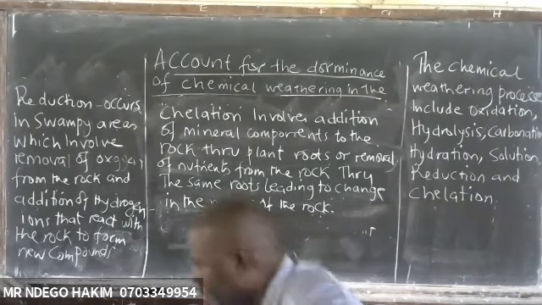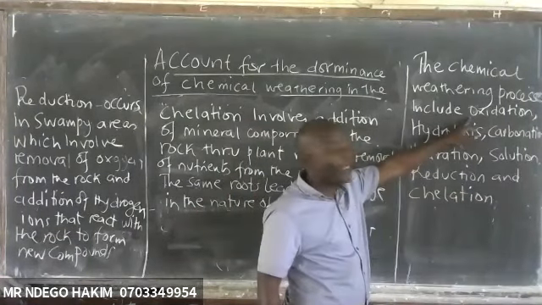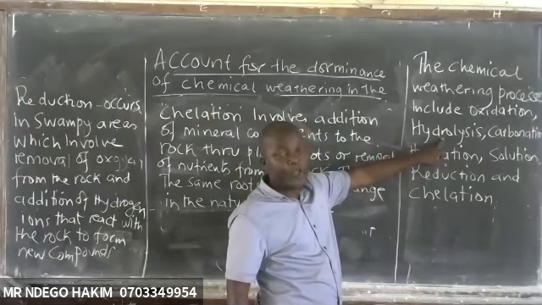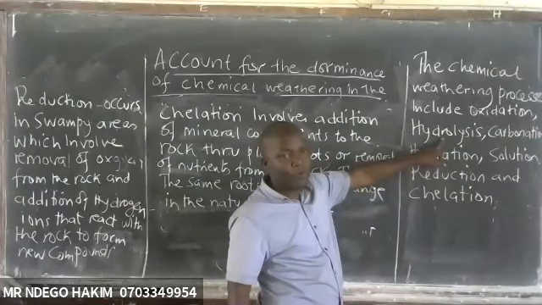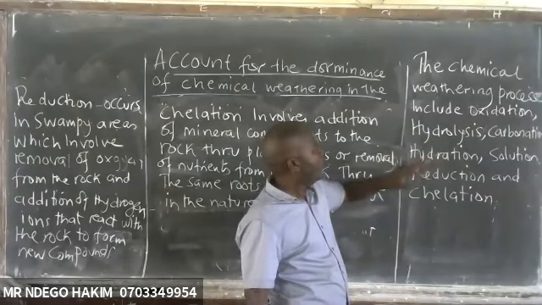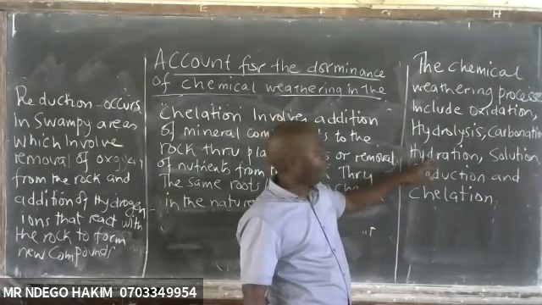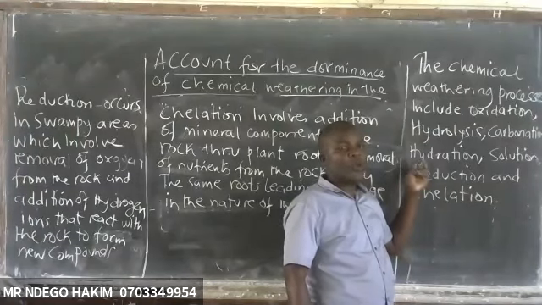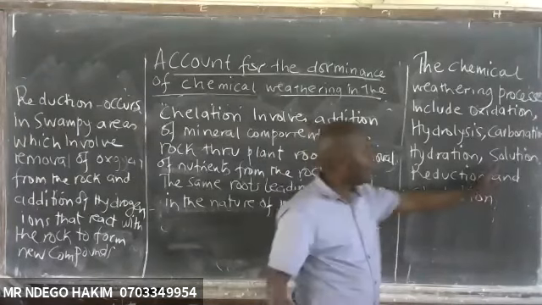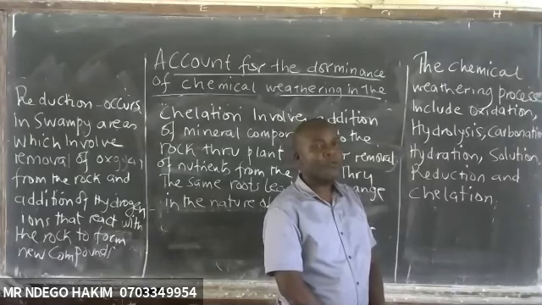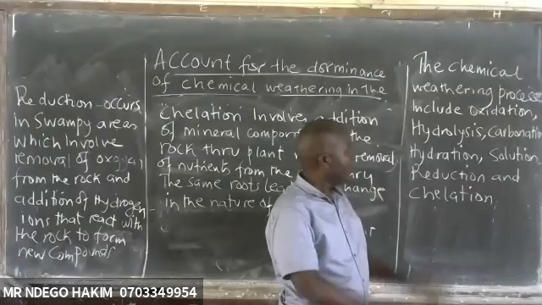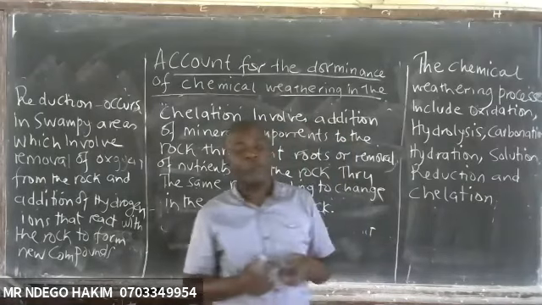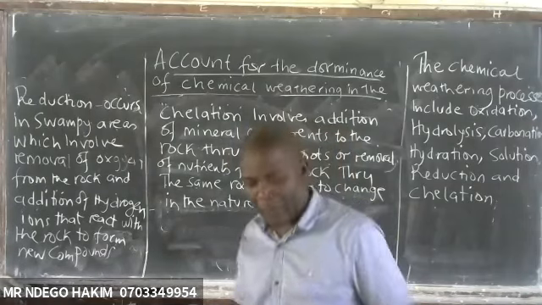So those are the chemical weathering processes. We have looked at oxidation, addition of oxygen; hydrolysis, decomposition of feldspar to produce clay minerals; hydration, where the rock absorbs water and it causes internal stress, resulting in weakening the rock bonds; solution, where mineral components in the rock are dissolved and carried in solution form, for example, rock salt; reduction, removal of oxygen and addition of hydrogen ions; then chelation, involving plant roots extracting and adding minerals to the rock.